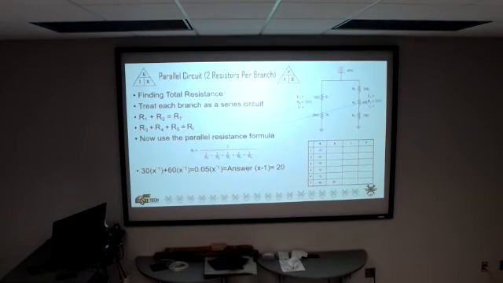So what we've done is we've condensed that series down into just a parallel, right? When it regards our resistance. Okay, so now we can take our 30 x^-1 plus 60 x^-1 equals x^-1. So then our answer is going to be 20. So our total resistance for this whole circuit is going to be 20 ohms.